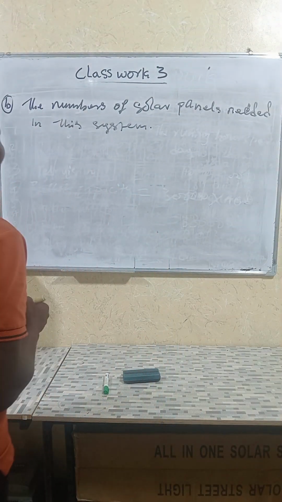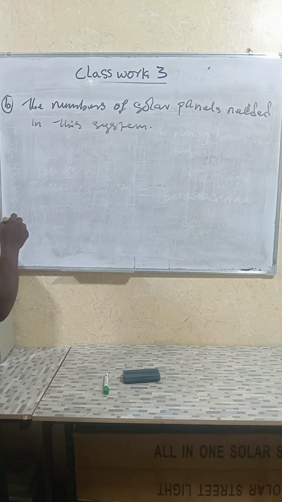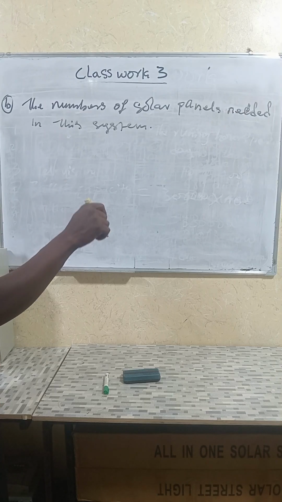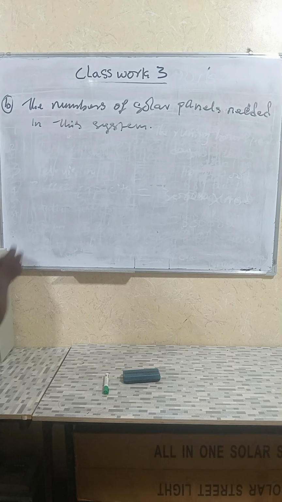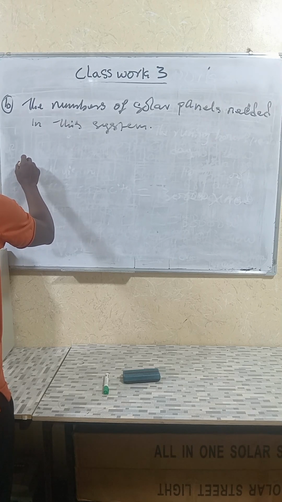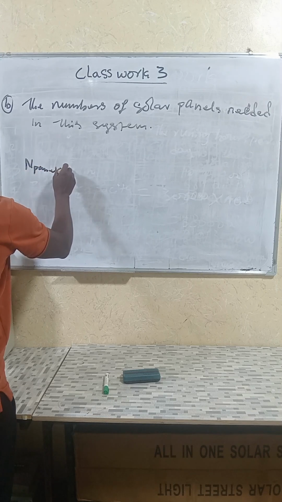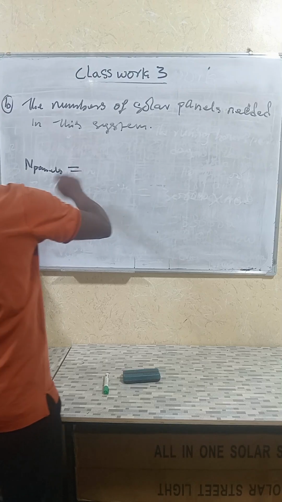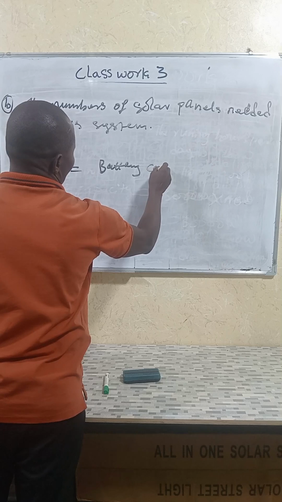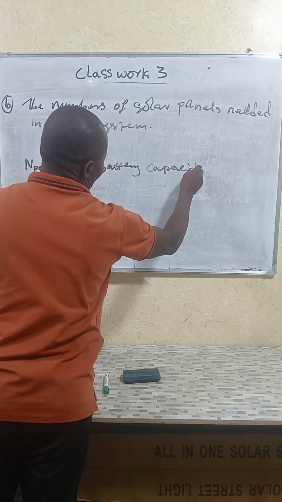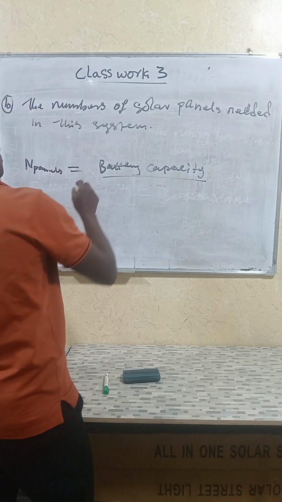That is to say, your total energy consumption per day, and remember that is the value of your battery capacity, is equal to battery capacity divided by peak sun hour.